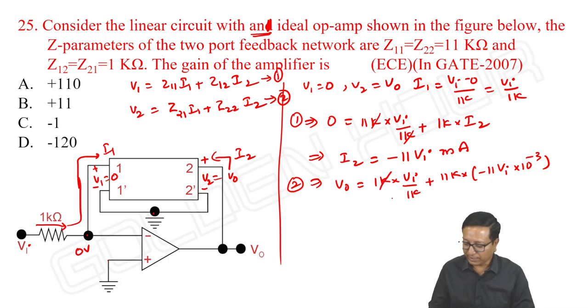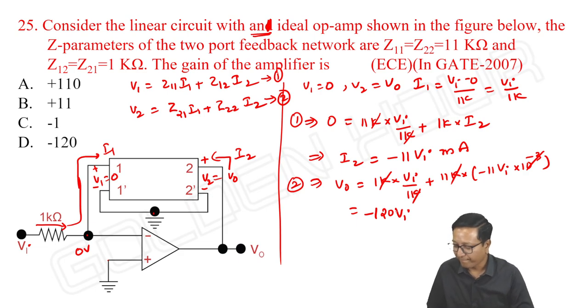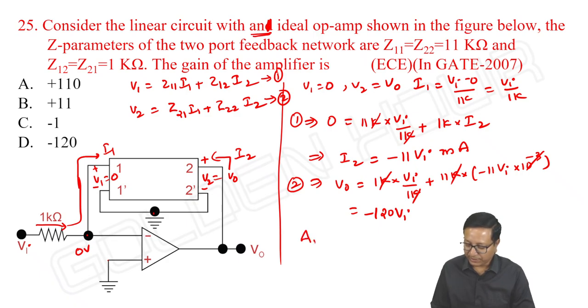Here kilo and kilo cancel and kilo and milli cancel. So VI minus 121 VI, it is equal to minus 120 VI. So the gain V output by VI is minus 120.